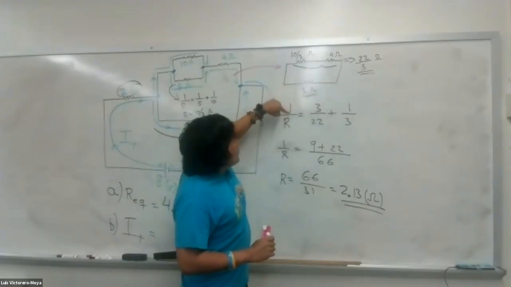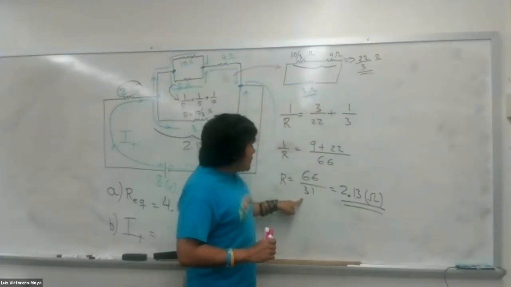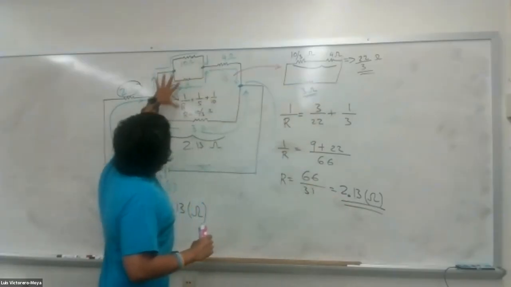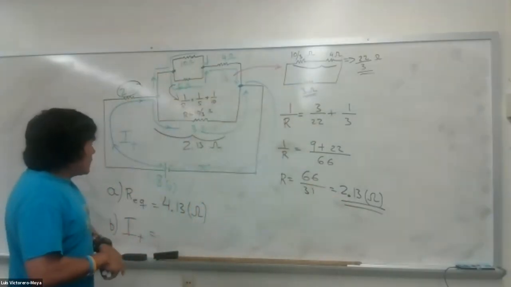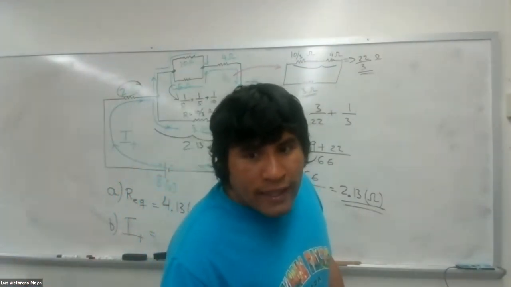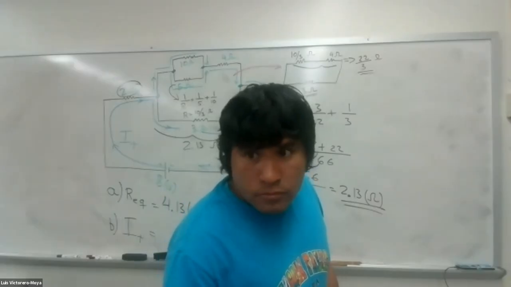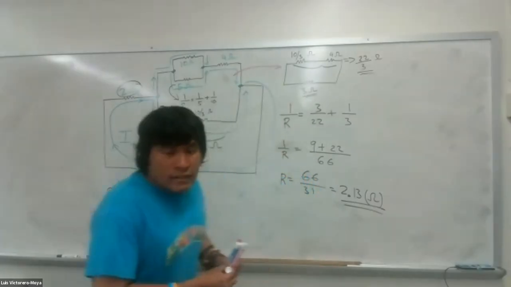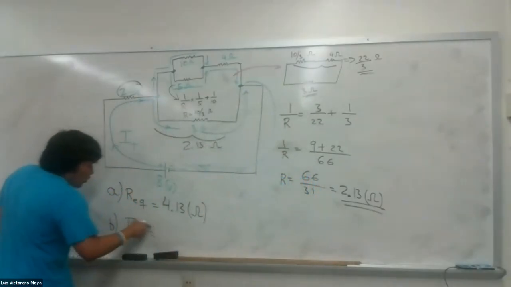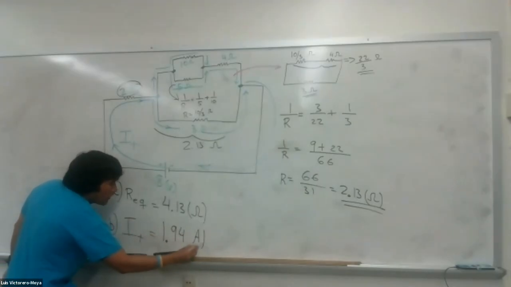And then when you do the parallel between 3 and 22/3, you get this. And then with 2, you get that. And to find the current on the circuit, you just divide 8 by 4.13, 1.94. So the current on the circuit will be 1.94 amperes.